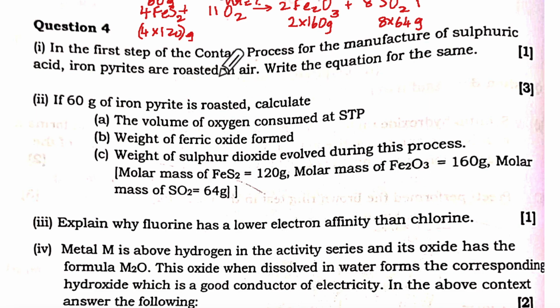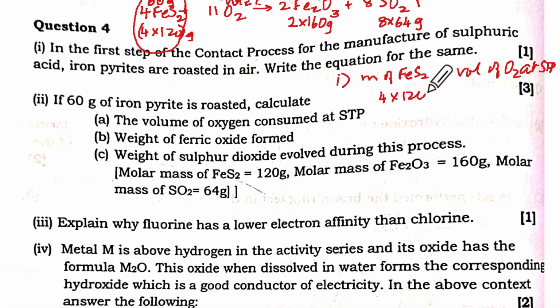Now for the first part, what are you going to say? The volume of oxygen consumed. Now can you see here both the numbers, the top number and the bottom number are known. So my first column will be mass of FeS2. And then the second column will be volume of O2 at STP. Mass of this is 4 into 120 gram from the chemical equation.